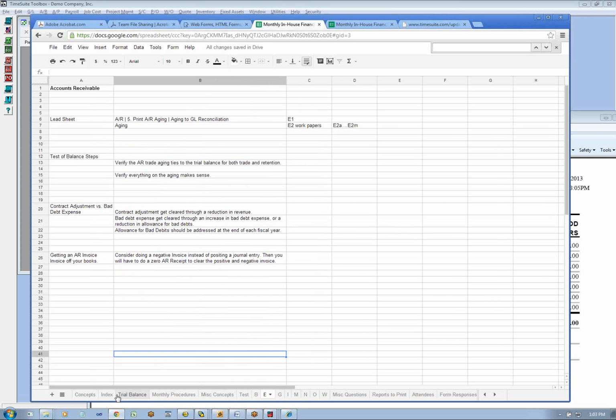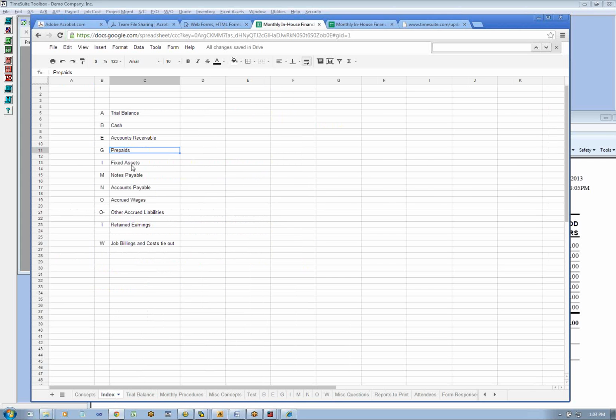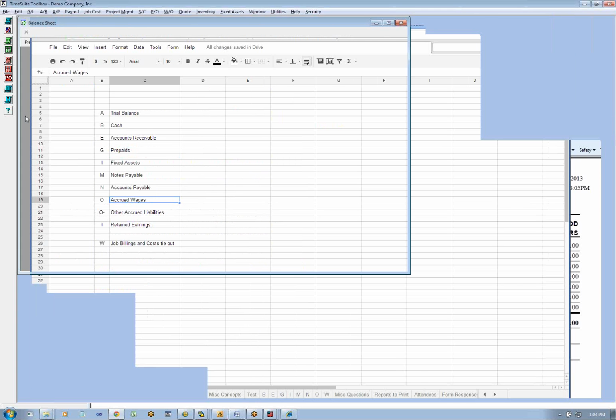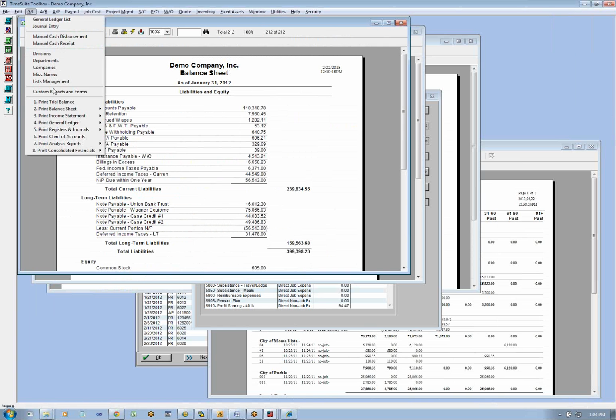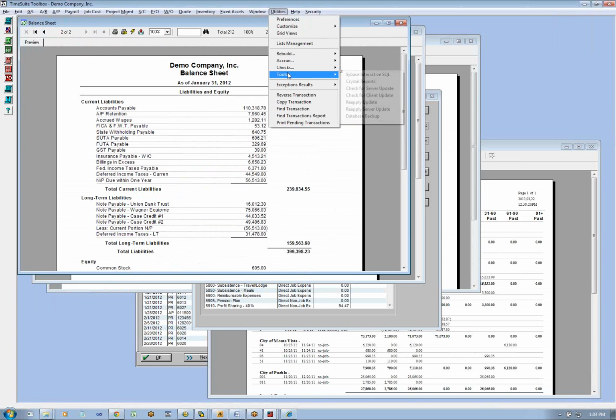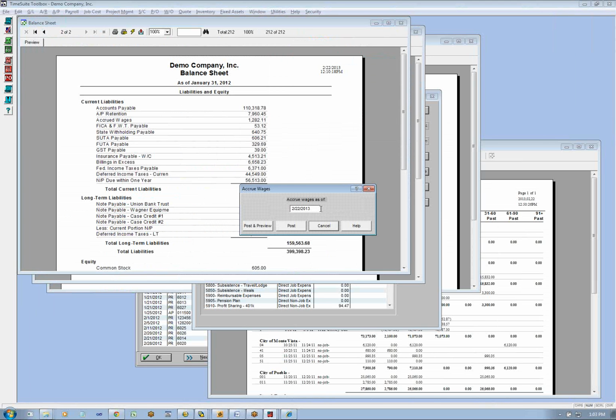So let's go back to our index. Okay, so our accrued wages, you would do your accrued wages report, and you can do that through this area. There's your accrued payroll, or you can do it through here. When you generate your accrual, you can tell it to post and preview.